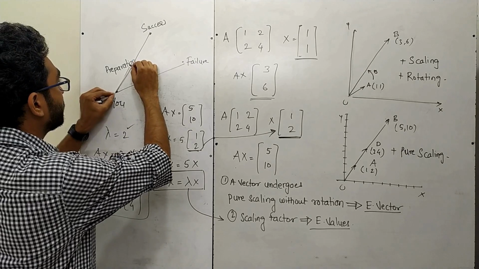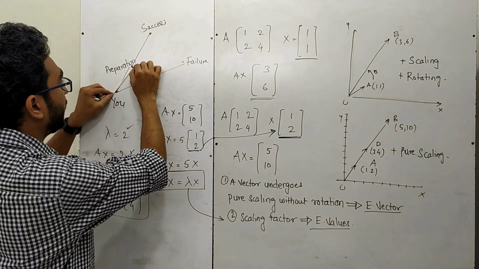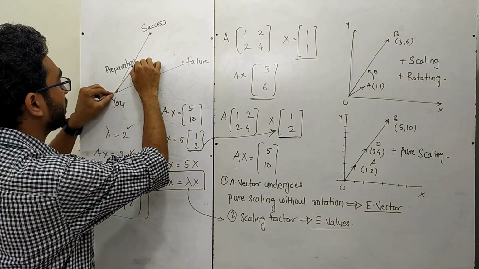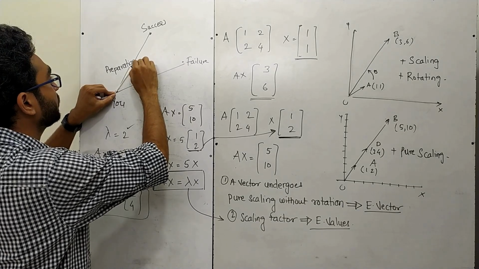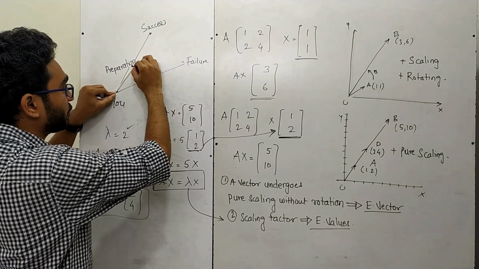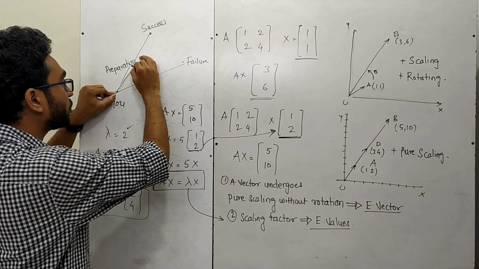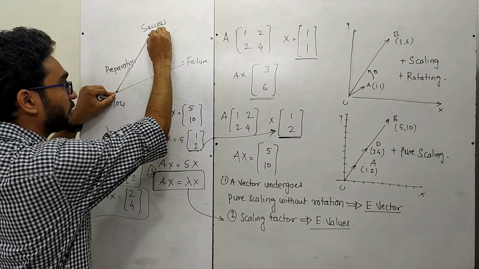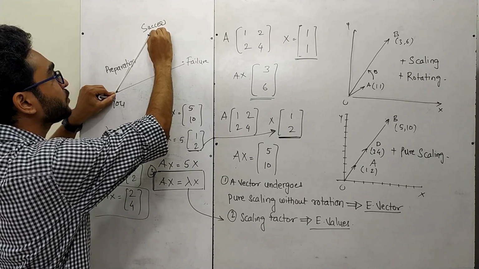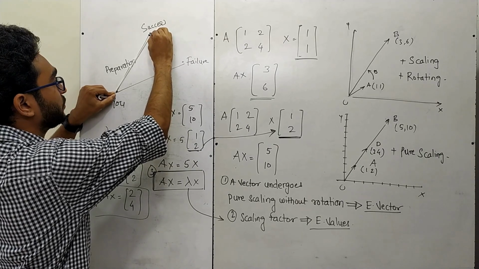See, this is the original vector, you, and you are preparing for any particular examination, say GATE or IES or any competitive examination. If you scale your preparation without diverting or rotating yourself, you will get success, right?